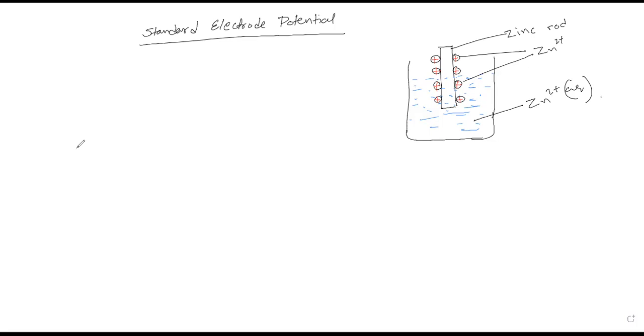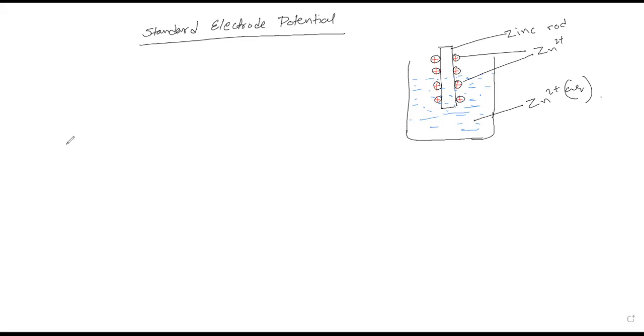For example, for copper it's either Cu2+ or Cu+. For iron it's Fe2+ or Fe3+. For sodium it's Na+. For potassium it's K+. For zinc it's Zn2+. So that's actually the reactivity which it defines.